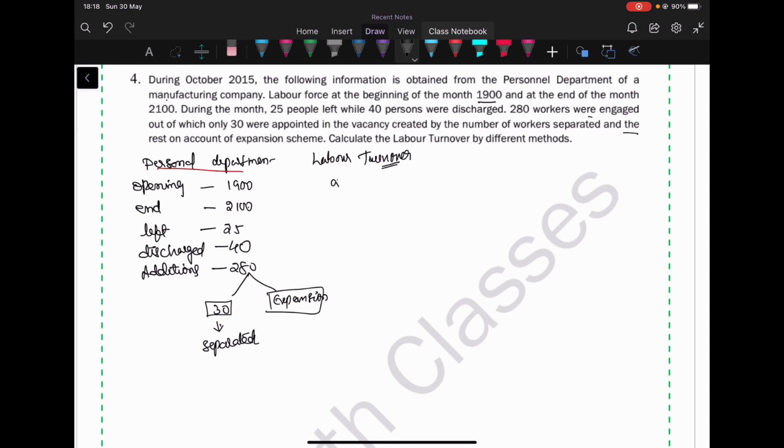First one is A, additions method. Under this additions method, labor turnover is the number of additions that took place during the month divided by the average number of employees.